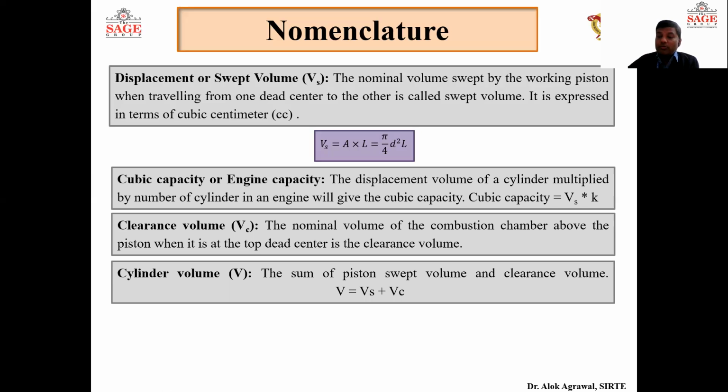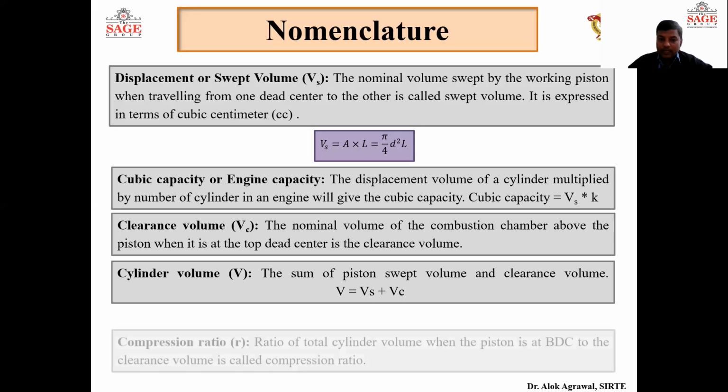It is the combination of two volumes: clearance volume plus swept volume. At top dead center there is clearance volume left, and when the piston comes down to bottom dead center it covers the swept volume. So the total volume is the combination of clearance volume and swept volume.